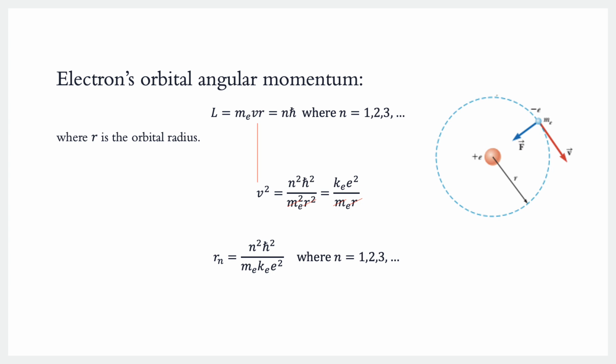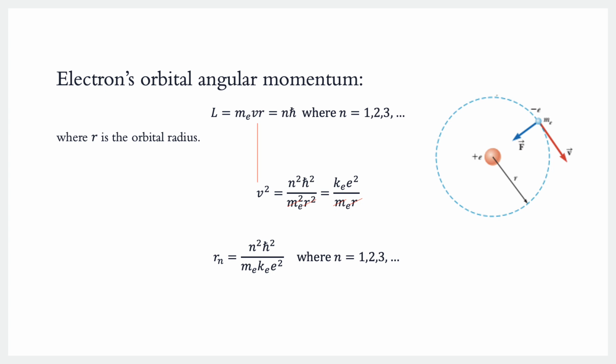Now, Bohr suggested that the size of an allowed electron orbit is determined by a condition imposed on the electron's orbital angular momentum, and that the allowed orbits are those for which the electron's orbital angular momentum about the nucleus is quantized and equal to an integral multiple of h bar that is equal to h over 2 pi. So the angular momentum mvr is equal to n h bar, where r is the orbital radius.